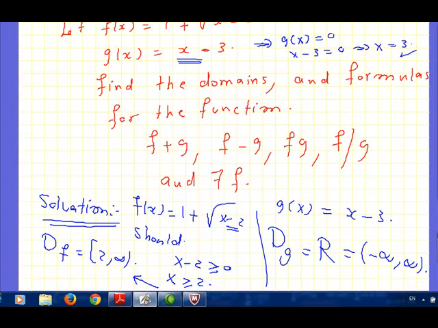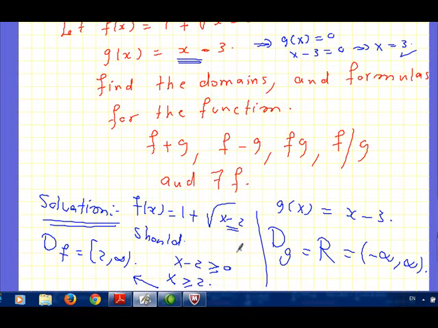Now we are able to make some operations on functions. As we know the definition and its properties, we can make some algebraic operations on functions. First of all, f of x equals 1 plus root x minus 2. The domain of 1 will be R. For the root, the whole formula inside the root should be greater than or equal to 0, so x should be greater than or equal to 2.